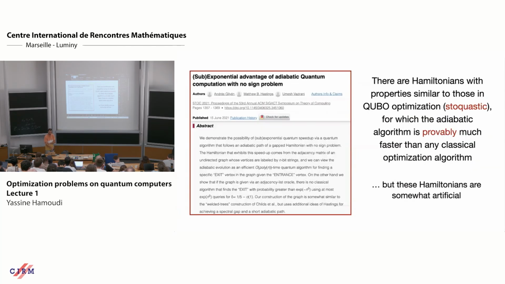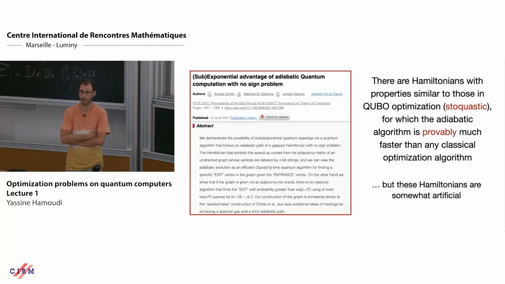Before concluding this section, you may ask, there are a lot of limitations. Maybe in practice it's impossible to use the adiabatic algorithm. Maybe the spectral gap is always extremely small, close to zero. Maybe it's not even efficient for any problem of interest. This is something which is investigated a lot by the research community. There are some examples of Hamiltonians which are close to what we saw before.